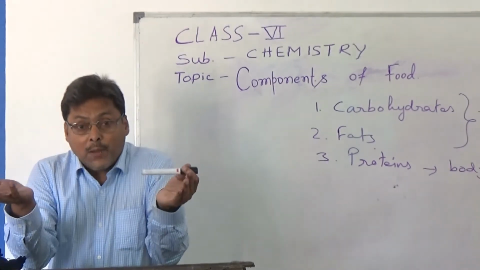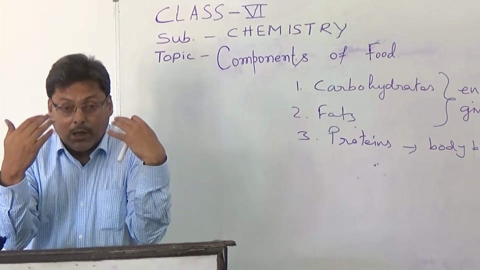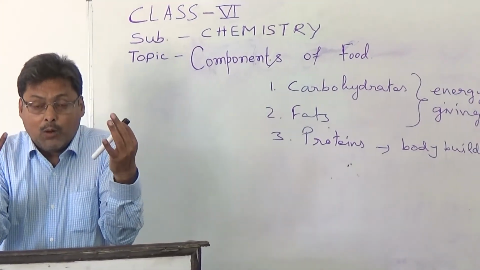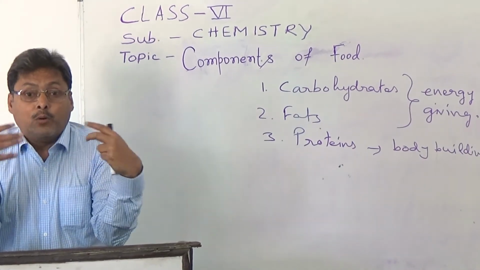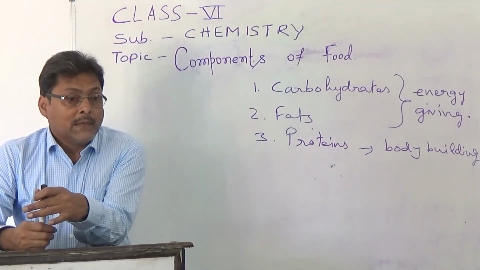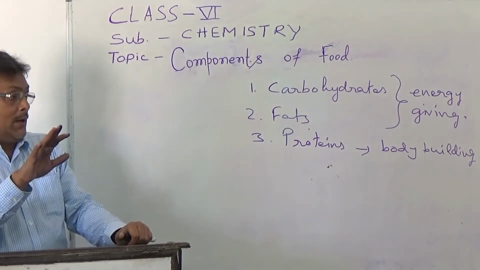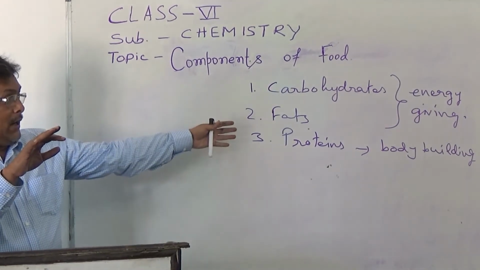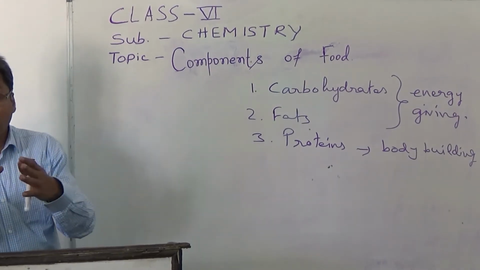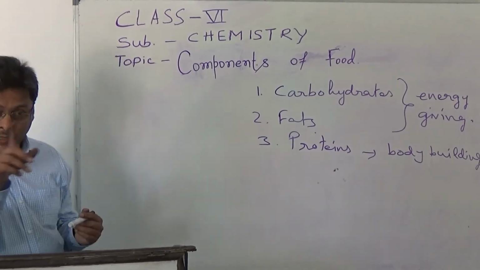Carbohydrates and proteins we have to take so that our supply of energy keeps okay, and we keep on growing. Protein also helps us repair the damage done to our body. So these three are the main components, main nutrients of your diet.